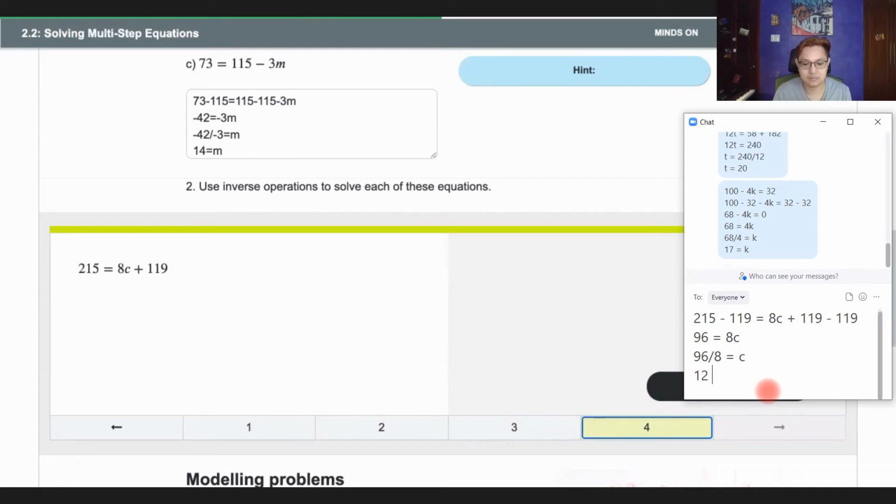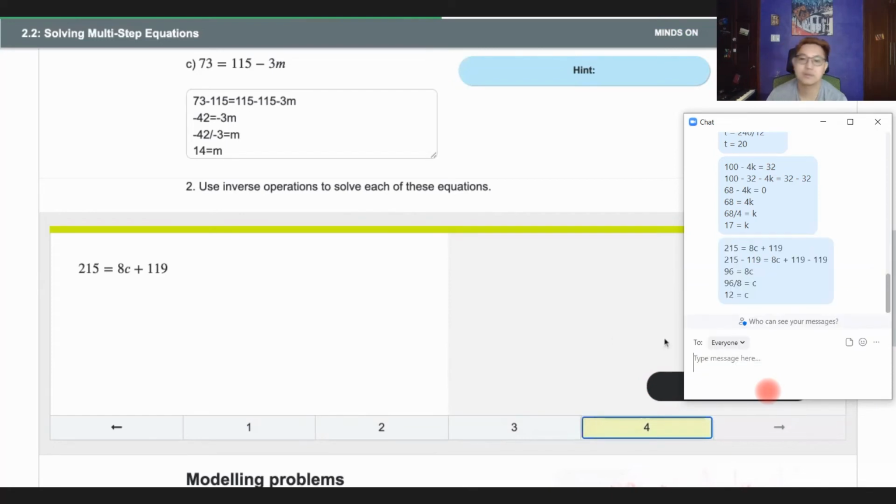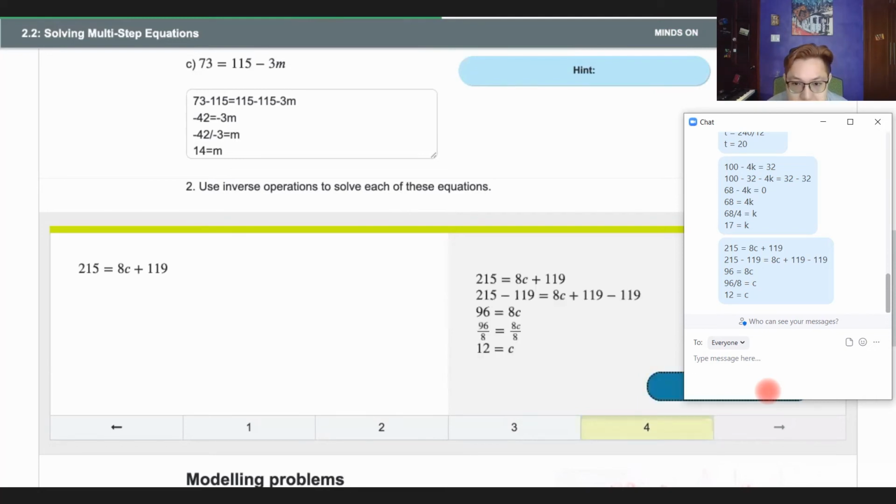And then you bring the 8 over and you take 96, divide by 8. How much is that? 96 divided by 8 is equal to 12. Very good. C equals 12, or 12 equals C. Very good, you got it.